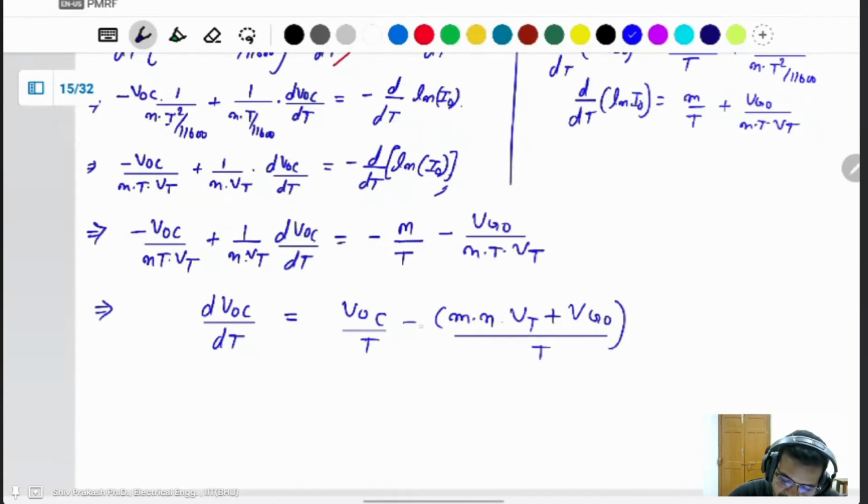We take a common here, then it will be plus m into n into Vt plus VGO divided by T. And if you multiply this one with Vt, it will cancel out, n into Vt in both the cases. That's why dVOC by dT is equal to VOC minus m n Vt plus VGO.